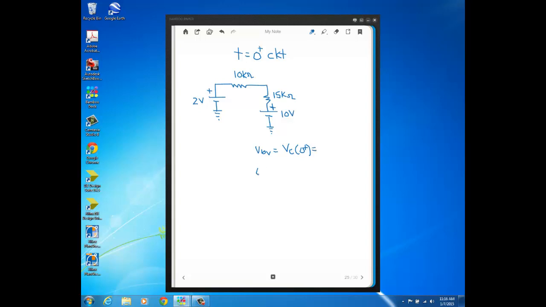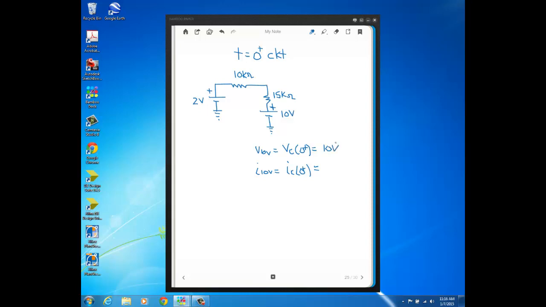And if we find the current for the 10 volt source, that's the current for the capacitor at t equals 0 plus. Okay, so right here, the voltage across a 10 volt source, of course, is 10 volts. So that's easy.